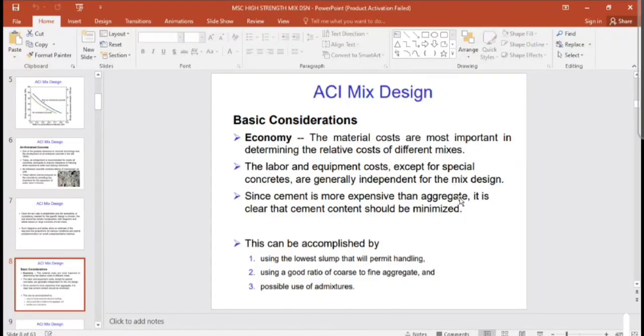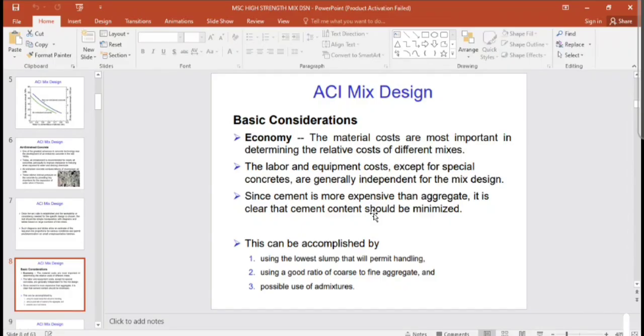But in normal concrete, they are independent of the mix design. So we can control the relative costs. It means if we can lower the cement content, we can lower the cost of the mix, or the cost of concrete as a whole.